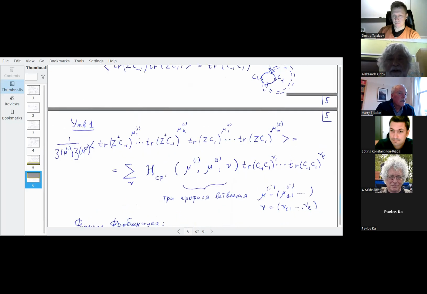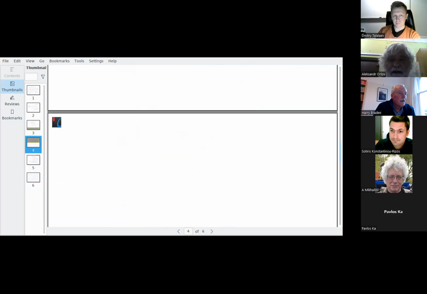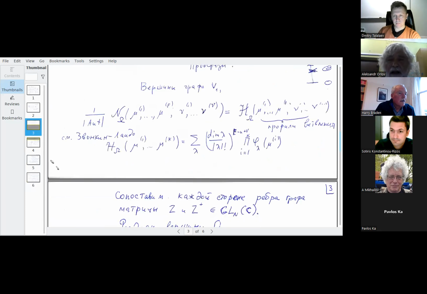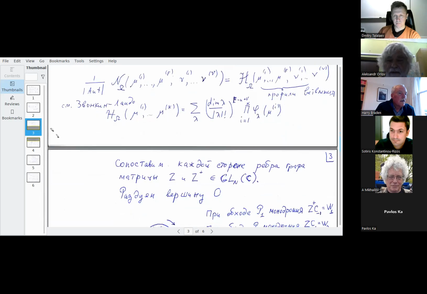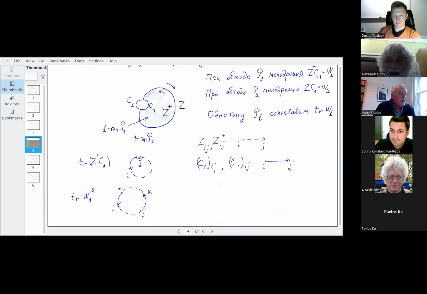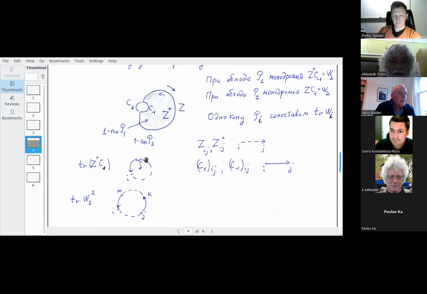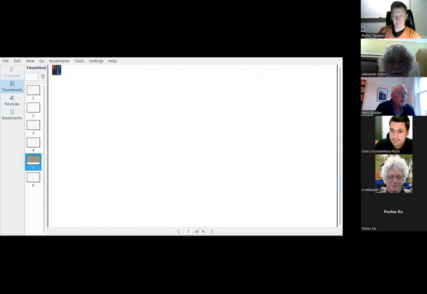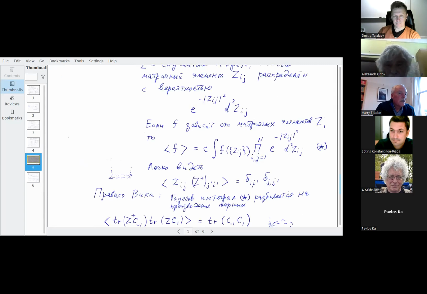Actually, geometrically it can be seen. We have the trace, and we glue these polygons along the dotted, punctured arrows, and we get a graph structure on the covering surface.